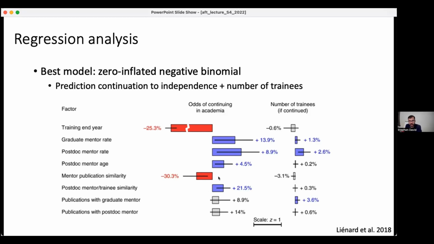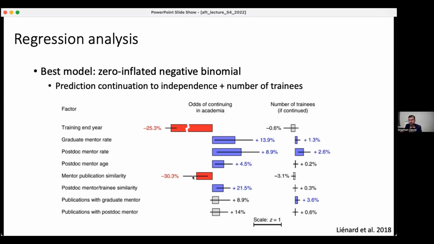But the result that struck us was down here: if we look at the 2 mentors, and how similar the publications of the 2 mentors are with each other, we actually see that has a negative impact. So what this suggests is that training with mentors with different semantic features can have a positive impact.